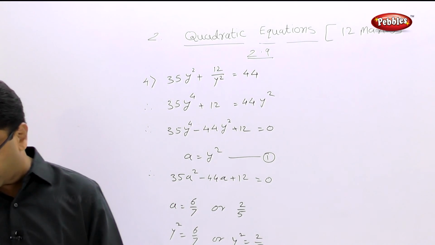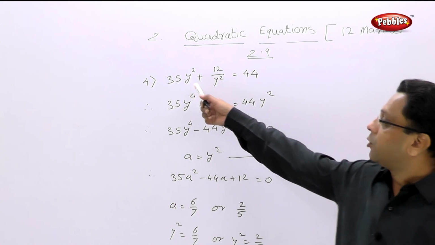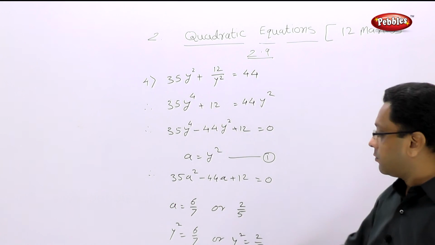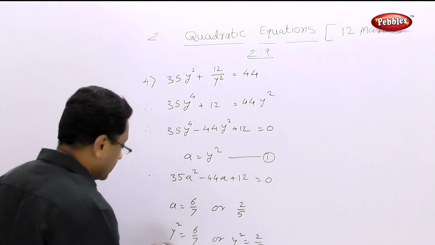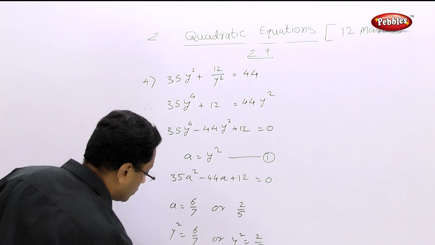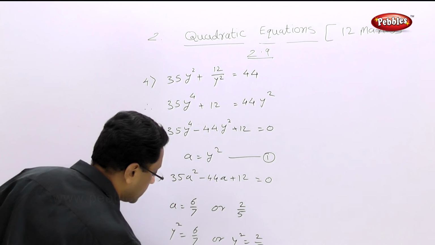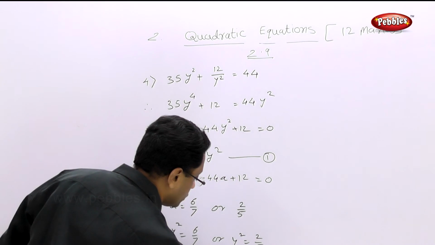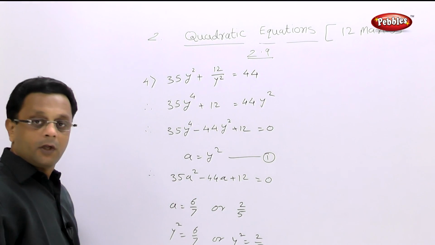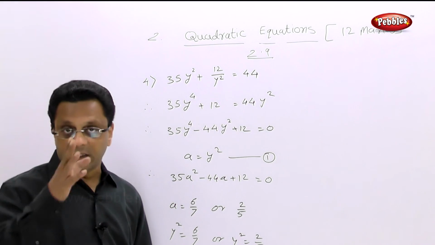So these are the 4 values of y we will get because our equation is in y, our answer you will get in y. So let us write the answer. Y is equal to plus minus root 6 by 7 or plus minus root 2 by 5. So this is your ultimate answer. Let us go to example number 5.